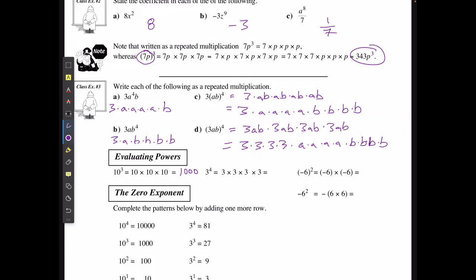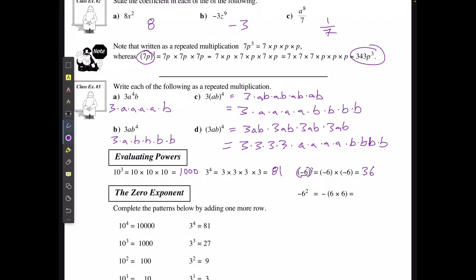If I said evaluate 3 to the power of 4, where I took 3 times 3 times 3 times 3, that's going to give me 81. If I evaluate negative 6 squared, where I have brackets, and the full value of the base is negative 6, then that's the same as negative 6 times negative 6, or positive 36.